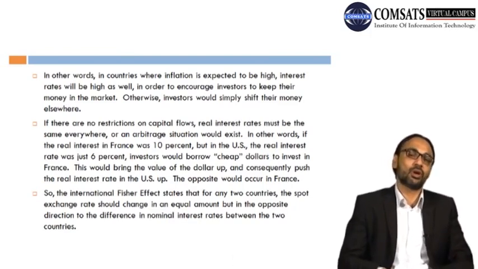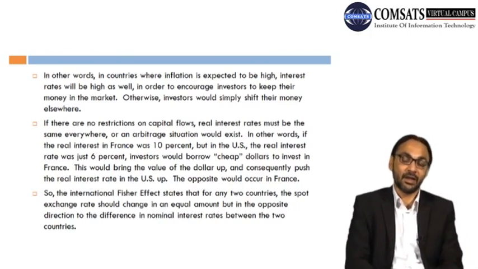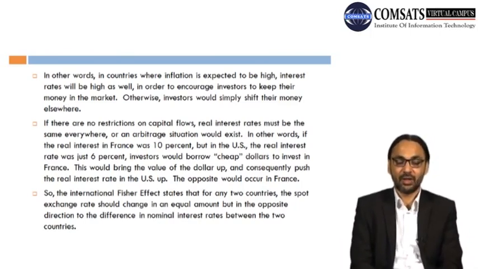People will do more lending and borrowing in the US market. This would bring the value of the dollar up and consequently push the real interest rate in the US up. The opposite will occur in France.